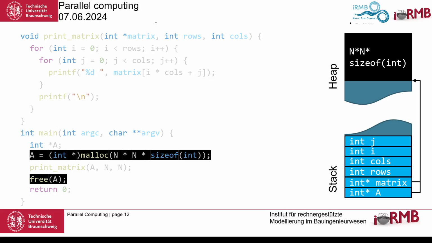There are two, maybe a little bit simplistic, but in principle there are two places in memory that are managed by your program. One is called the stack and the other one is called the heap.